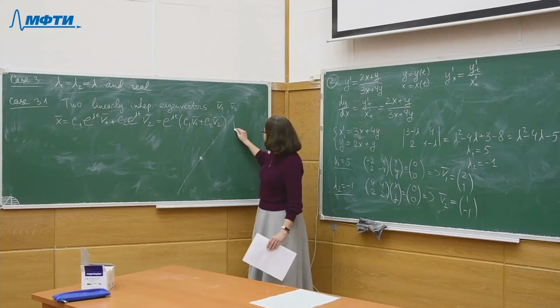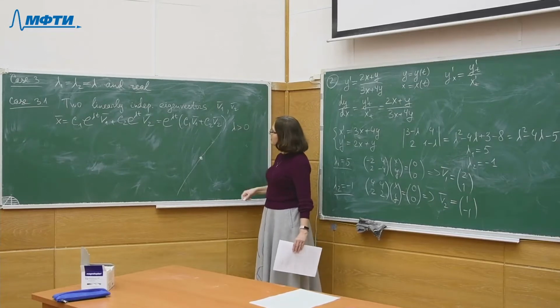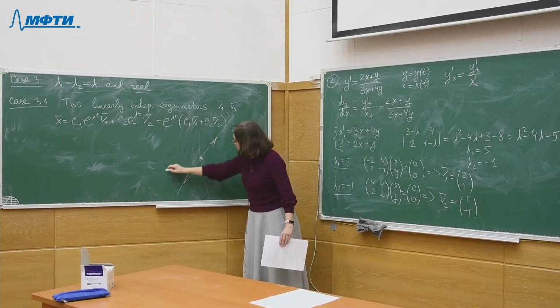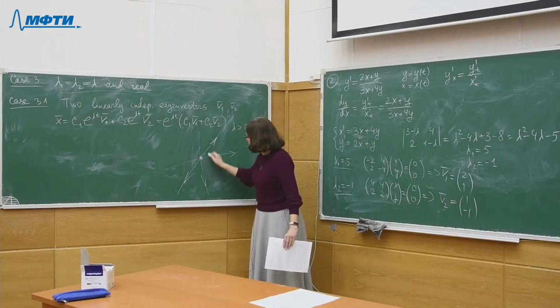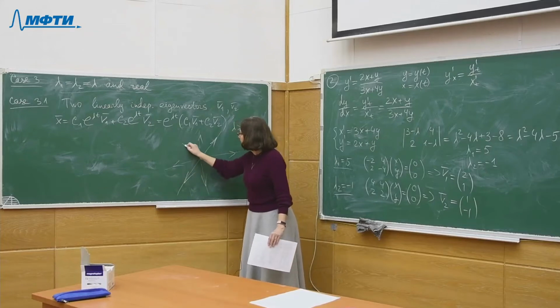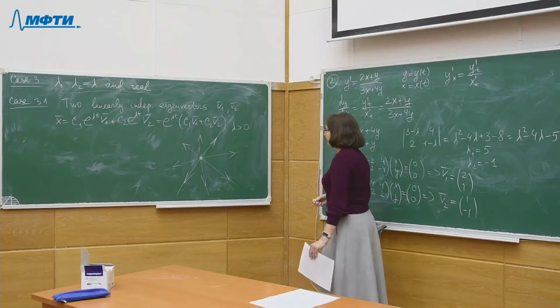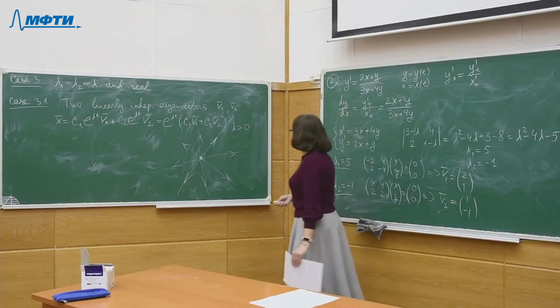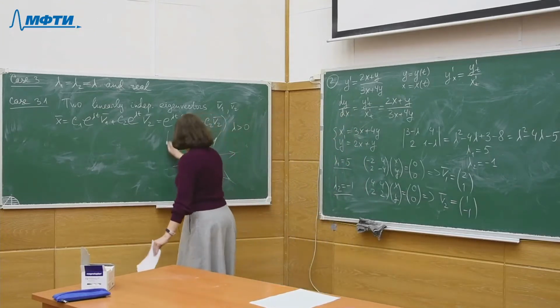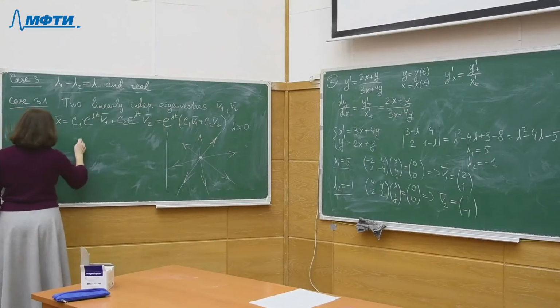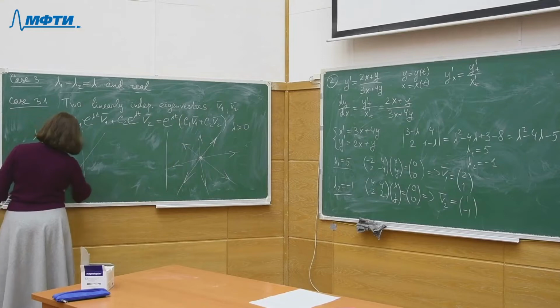But if lambda is greater than 0, we will move away from the origin. And if lambda is less than 0, then we have the following figure.